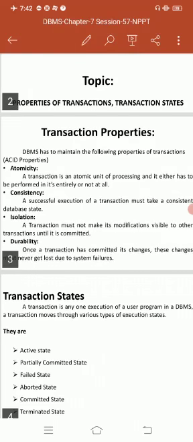A transaction is said to be consistency preserving if its complete execution takes the database from one consistent state to another. That is called consistency preservation.